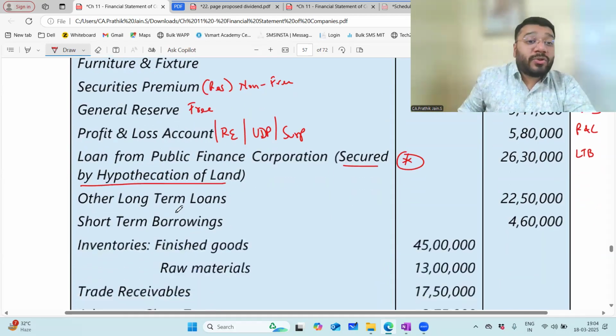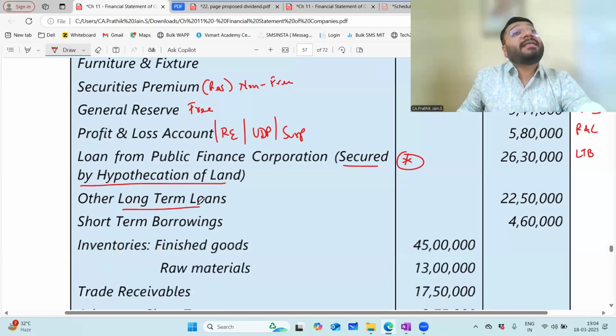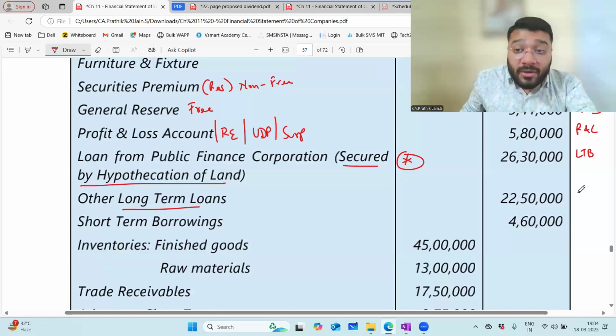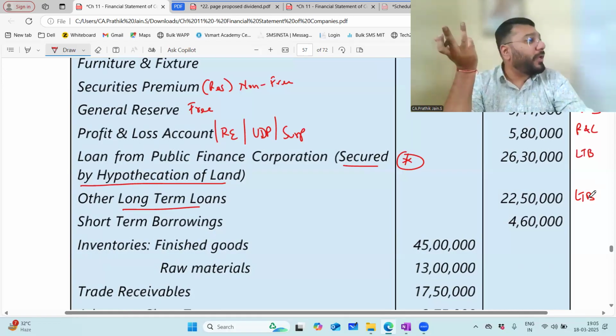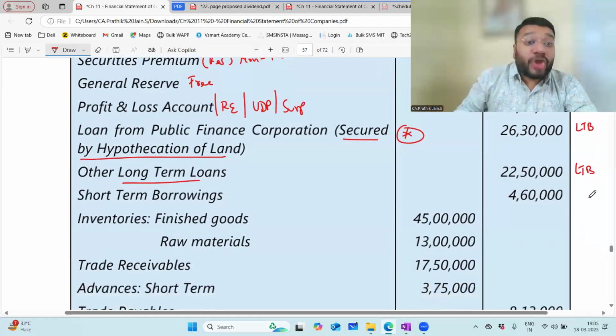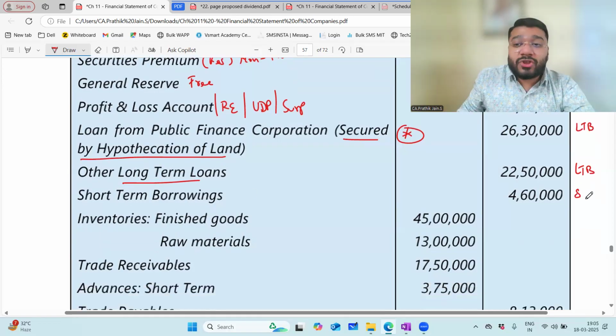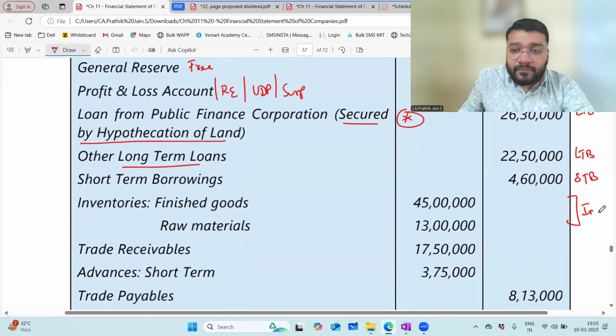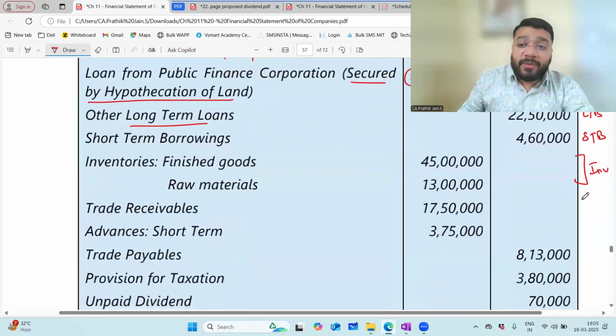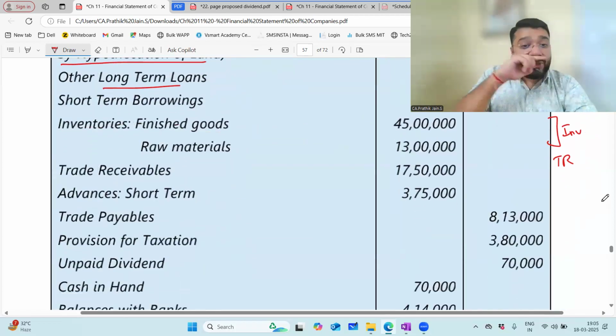Other long term loans. Look at the words long term loans itself. He's telling long term loans. So it is long term borrowing only. Long term loan, nothing but borrowing. Long term borrowing. Short term borrowing is 460. Short term borrowing. Inventories, finished goods and raw material. Both are inventories. Trade receivable. Advances short term. Short term loans and advances.